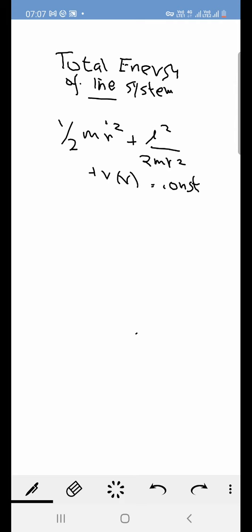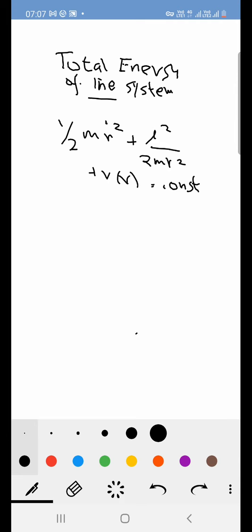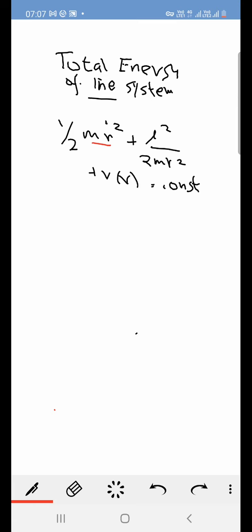So there are three terms. One is the kinetic energy, this is the energy involved in the angular momentum, and this is the potential energy. Together they add up to a constant, which is the total energy of the central force.